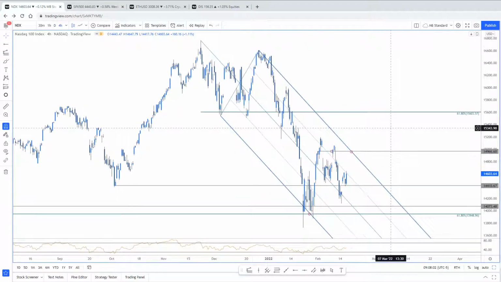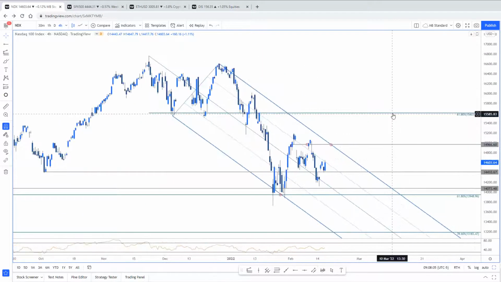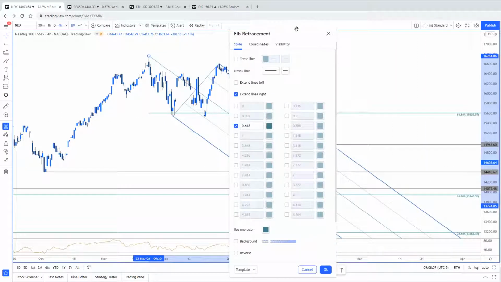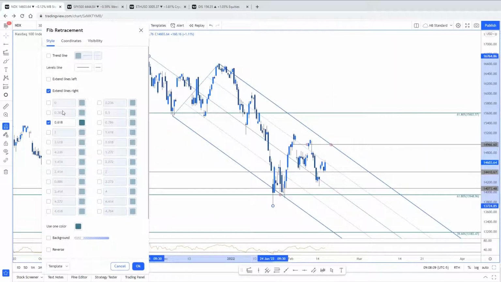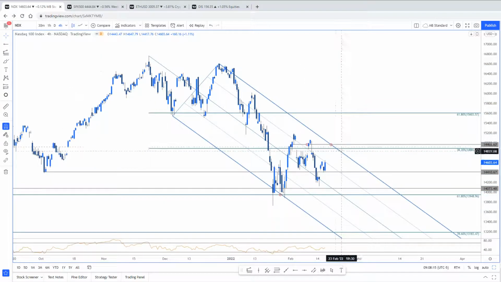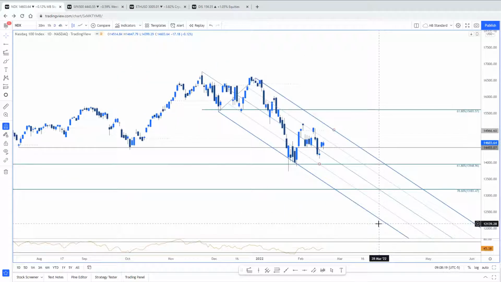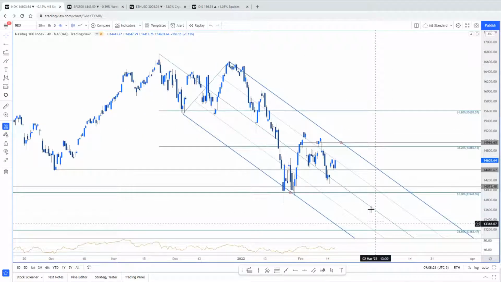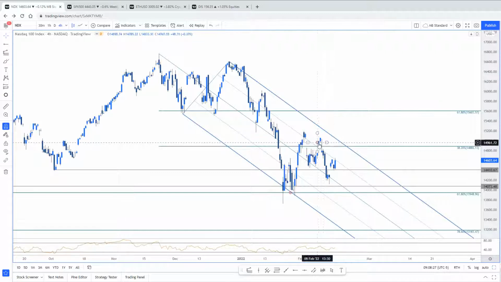Here's what the intraday chart looks like. I just wanted to highlight the 38.2 has been taken out and ducked below many times already. Here it is, boom, boom, gapped above, back below. But I'll leave that on there for now and highlight this near-term zone. Forget this. That's resistance.